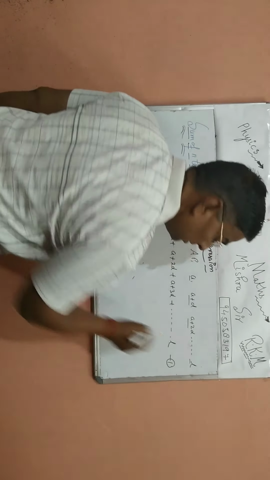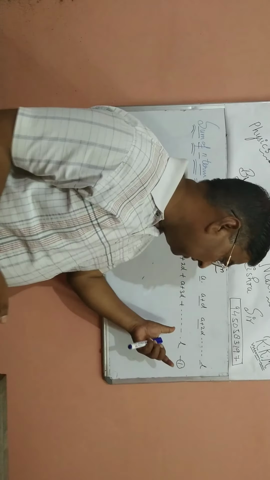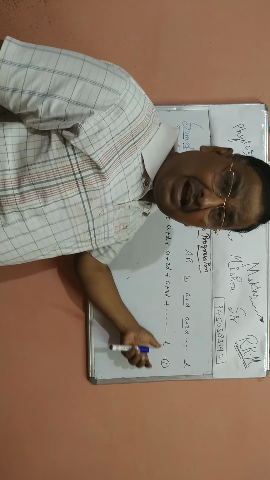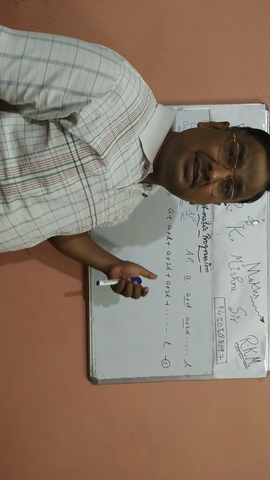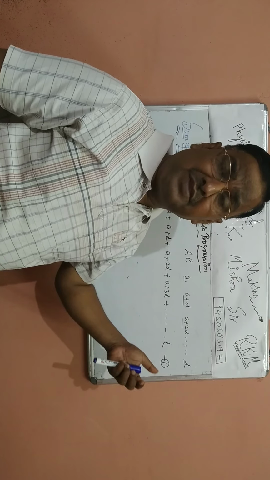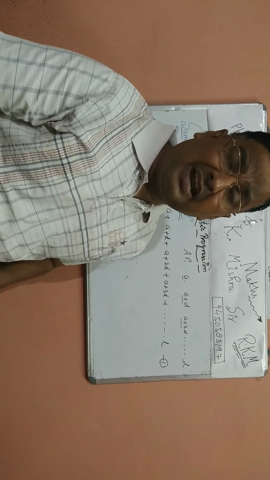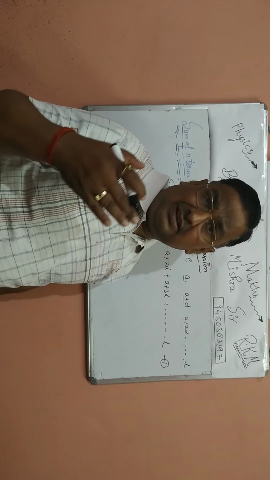That is equation 1. And if we start from the last, either we start from first 1 to 10, we will add 1 to 10 or add 10 to 1. The addition will be the same.